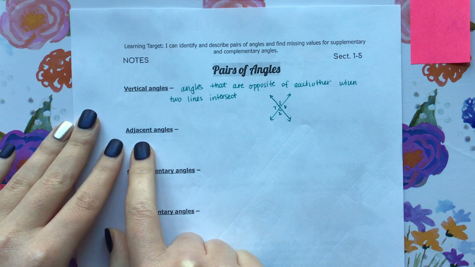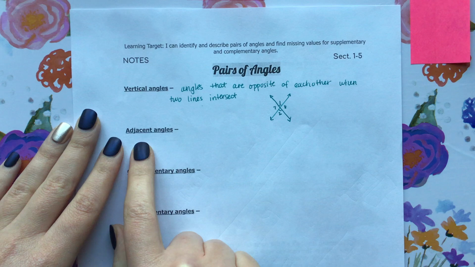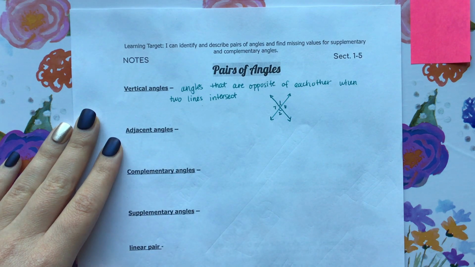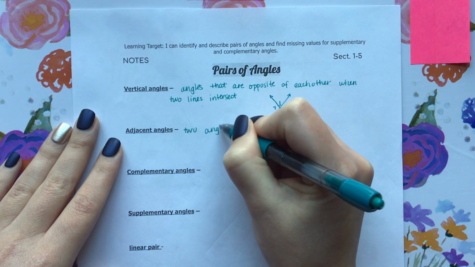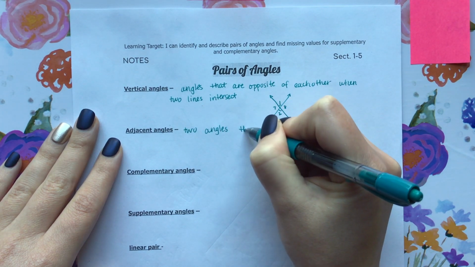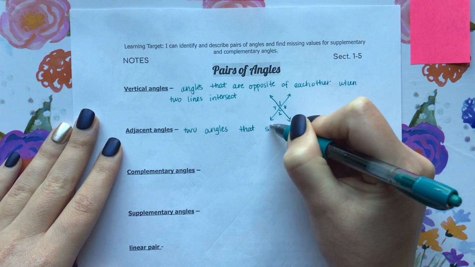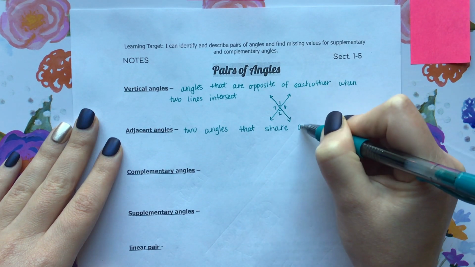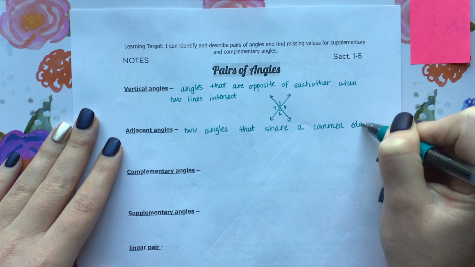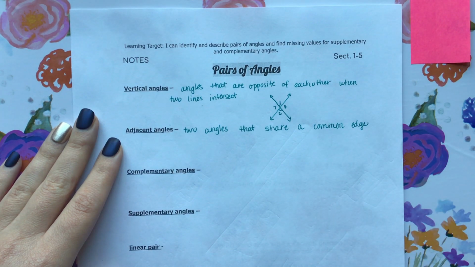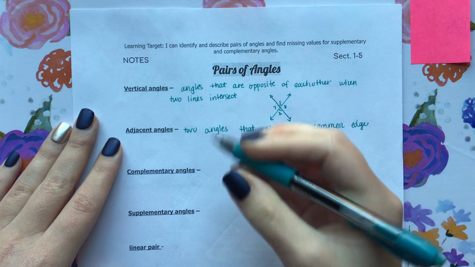Next, we have something called adjacent angles, and these are two angles that share a common edge. So that would look like this.